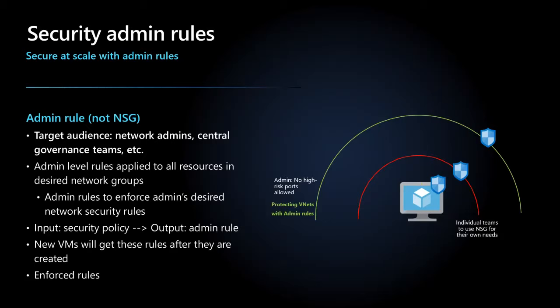Another application is a kind of rule called always allow. You can say, I want to always allow the Windows Update port, so that even if individual product teams want to block the Windows Update port to prevent Windows from being updated, administrators can still enforce it through the always allow admin rule. I will show you later what it means. Okay.